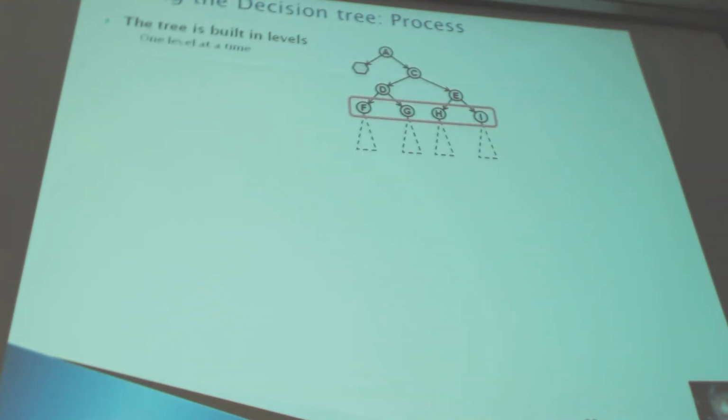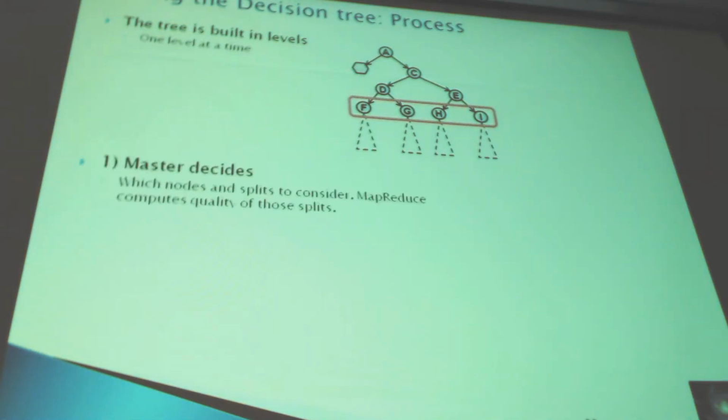So this is the whole process in steps. One thing to remember is the tree is built in levels. It's built one level at a time. There's one MapReduce job to build one level of the tree. The master decides which nodes and splits to consider, meaning what are the possible values where I can create that split. Then it triggers the MapReduce jobs, and the reduce function, which I will show, computes the quality of these splits.